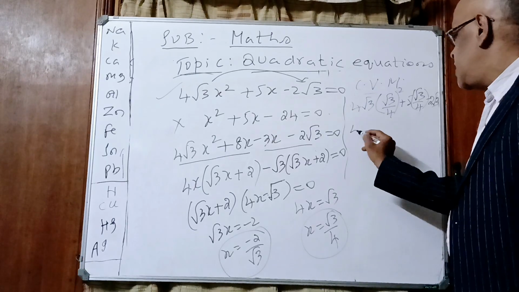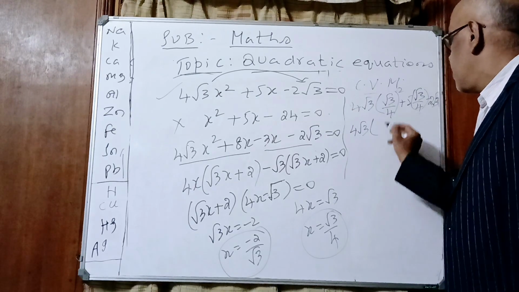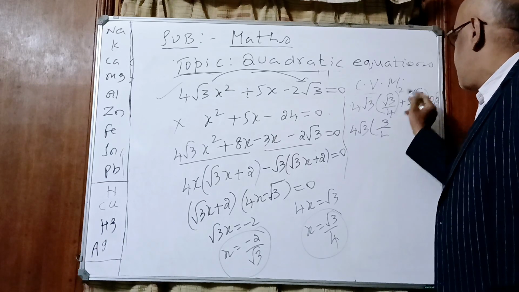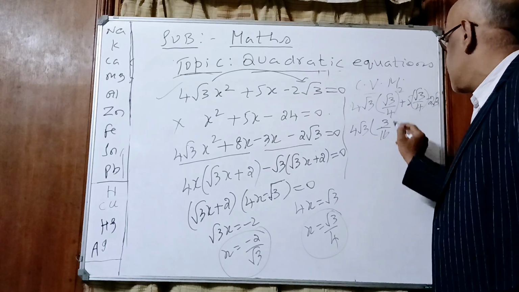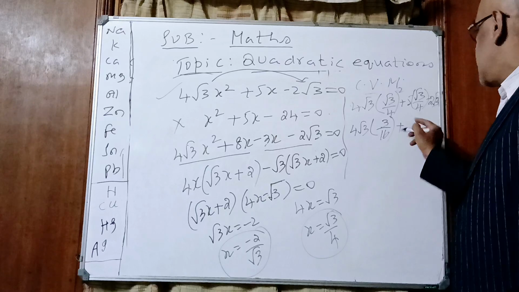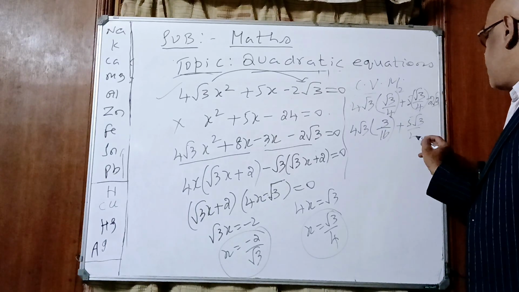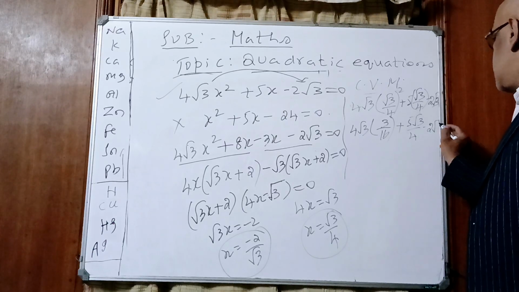See children, what is this? Root 3 square is 3, divided by 4 square 16. Do it slowly.